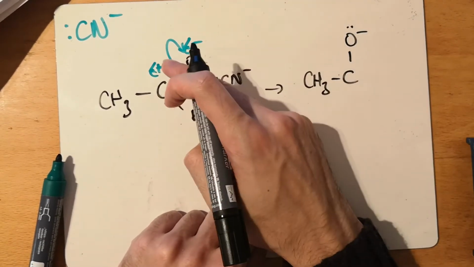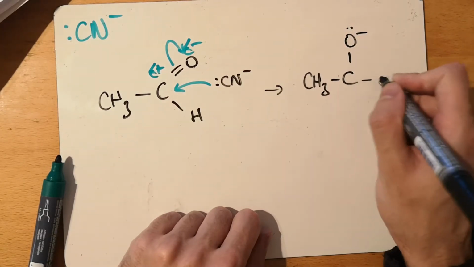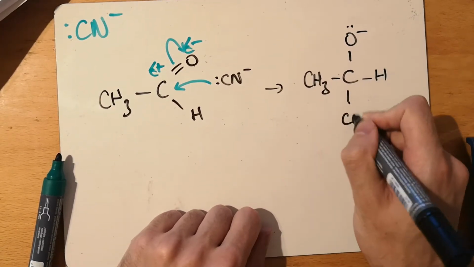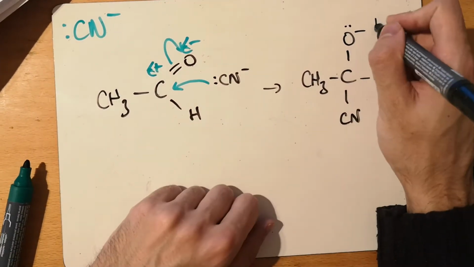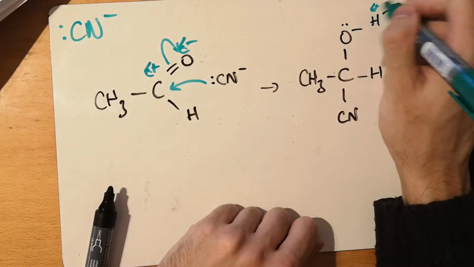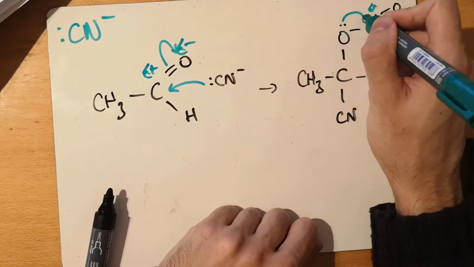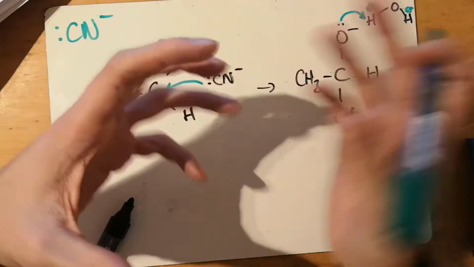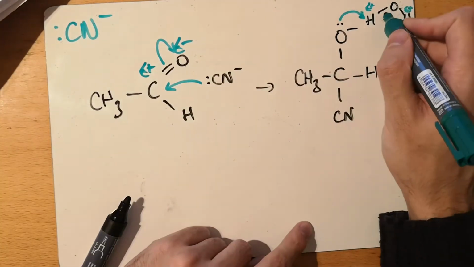It's taken the electrons from that bond, so it has that extra lone pair. We'll have our hydrogen and our CN bonded to that carbon. We've got our water then, delta plus, delta minus, delta plus, and that lone pair is going to get donated to the hydrogen, to form a bond with that lone pair of electrons.